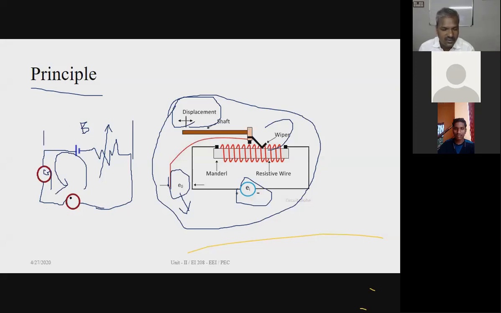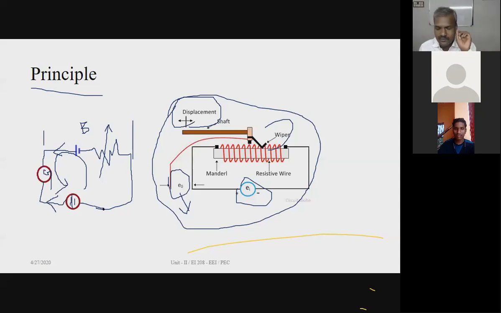In the secondary circuitry, we can connect another EMF. The current from this EMF flows this side, and the battery EMF flows this side, so the EMFs oppose each other. When the galvanometer reading is 0, that means both EMFs are equal and opposite.